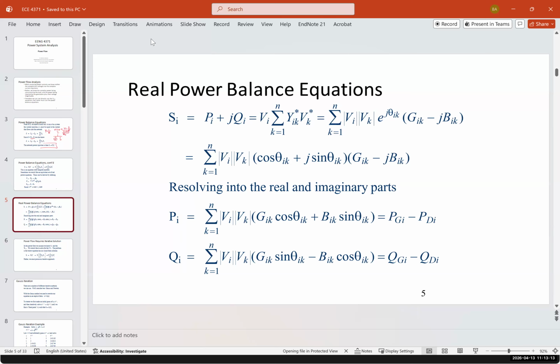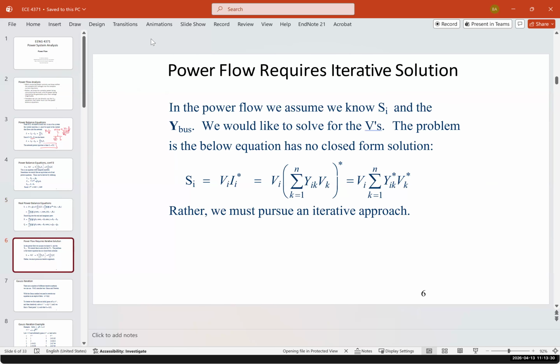Now, Qi is going to be sigma of k from 1 to N |Vi||Vk|, but this part is going to be Gik sine of theta ik minus Bik cosine of theta ik, which is going to be Qgi minus Qdi.